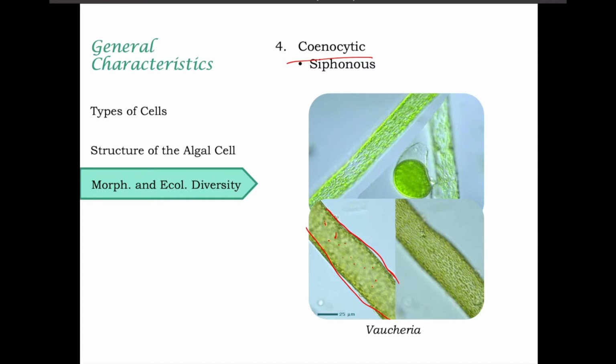So they are multinucleated because each nucleus is not separated by a cell wall. So they just clump together in that singular tubular filament.